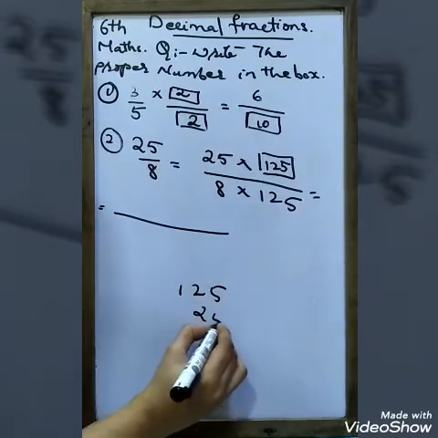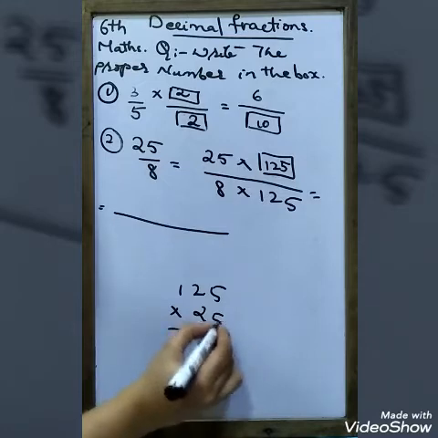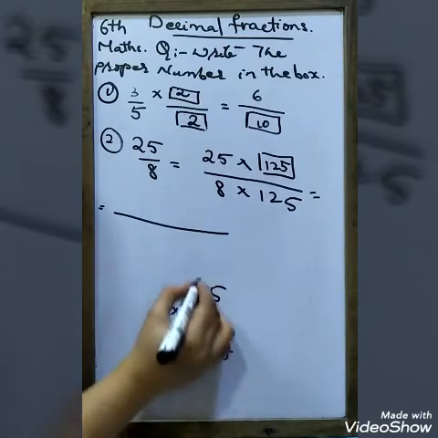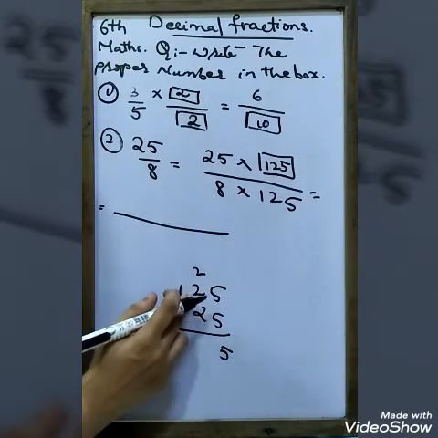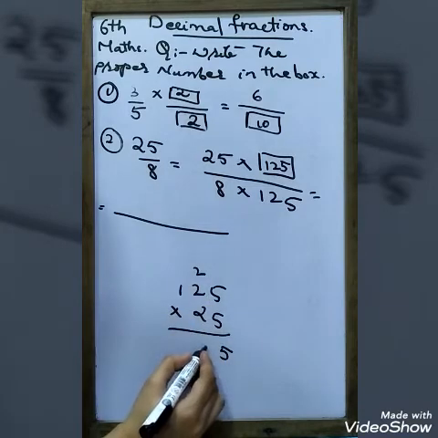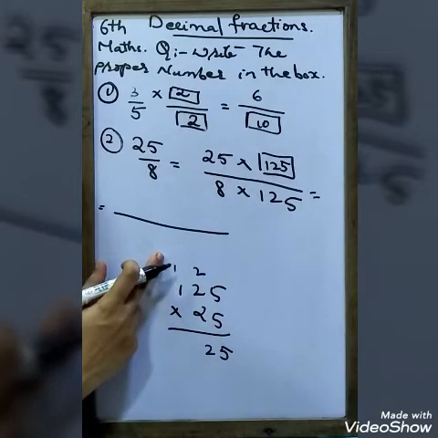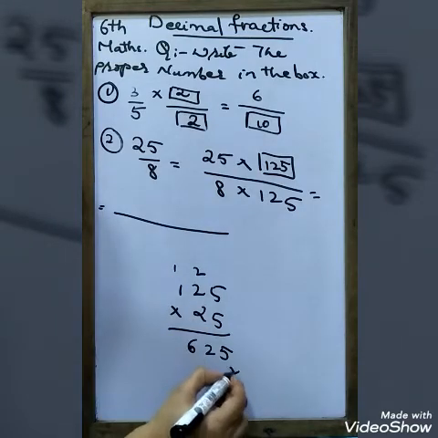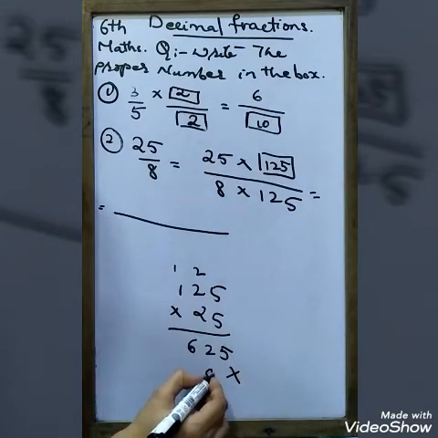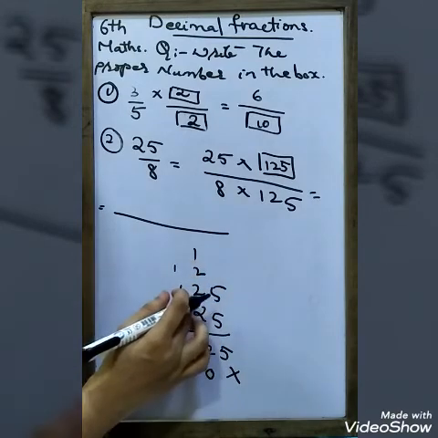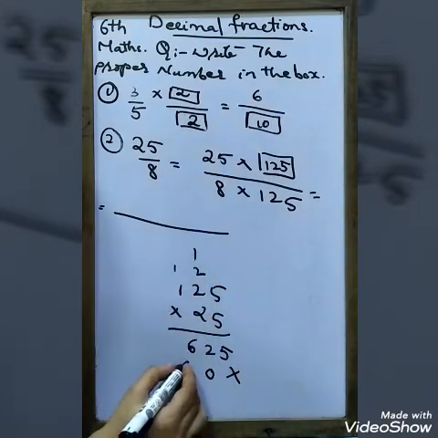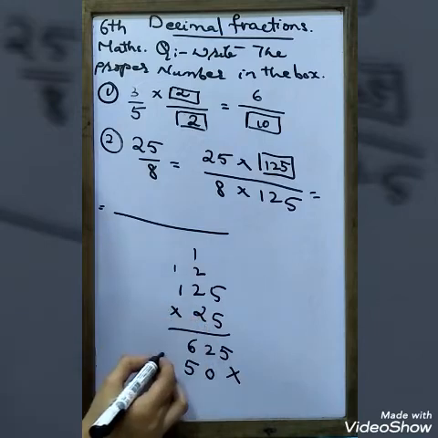125 into 25. 5 5s are 25, 2 will be carry forward. 5 2s are 10, 10 plus 2 it's 12, 1 carry forward. 5 1s are 5 plus 1 it's 6. Then 2 5s are 10, 1 will be carry forward. 2 2s are 4, 4 plus 1 it's 5. And 2 1s are 2.